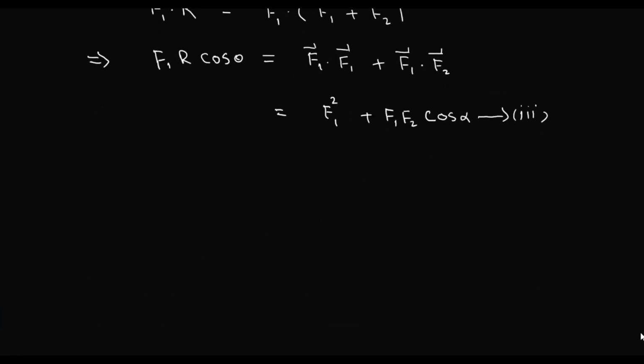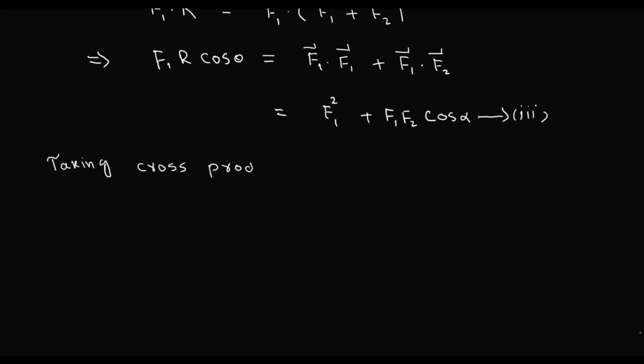Now we take F1 common from the right hand side, and this F1 will be cancelled out. We can write it like that, or leave it and simplify it in the next step.